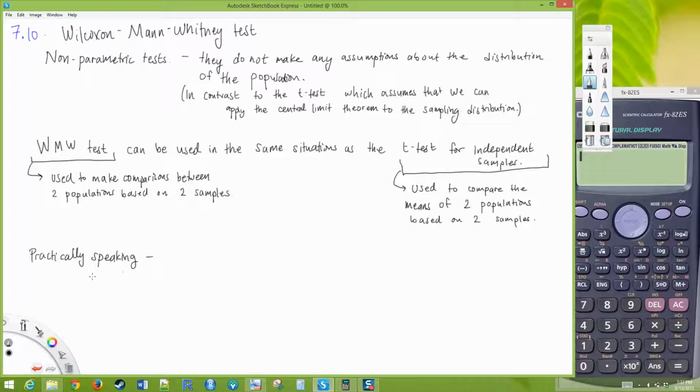okay, if we can use the t-test, we prefer to use the t-test over it, and the primary reason for that is that in general nonparametric tests are less powerful than their parametric counterparts.